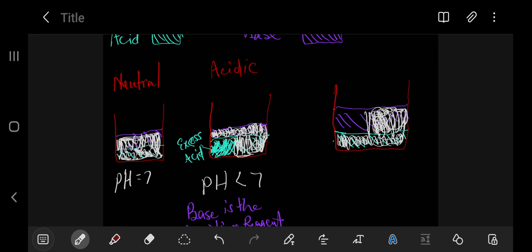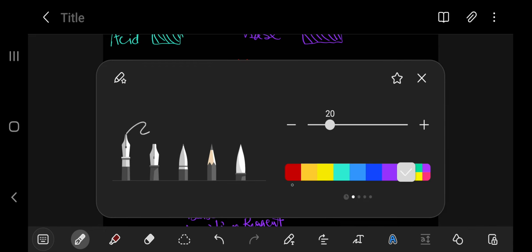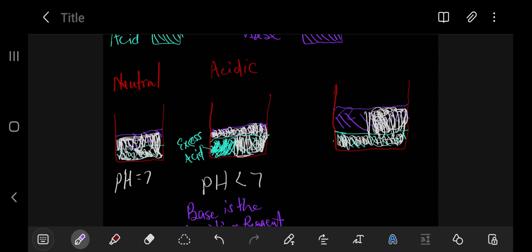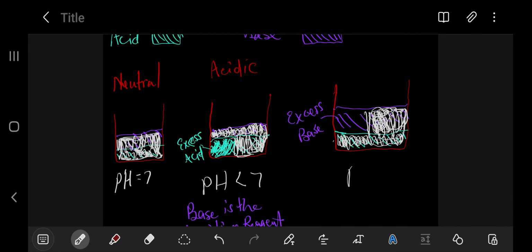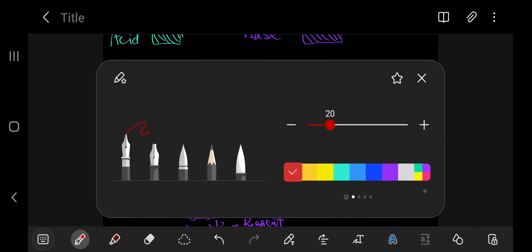And we can see here we have an excess of the base. So what can we conclude about the resulting solution? The resulting solution should be basic and the pH should be greater than 7, right?